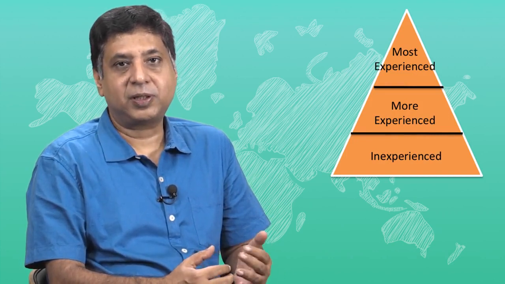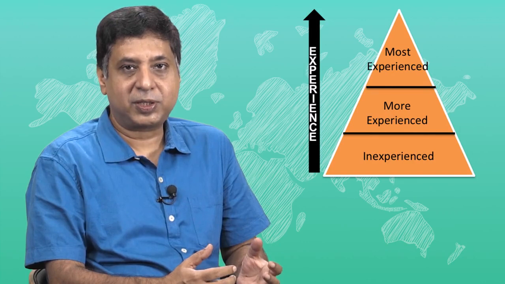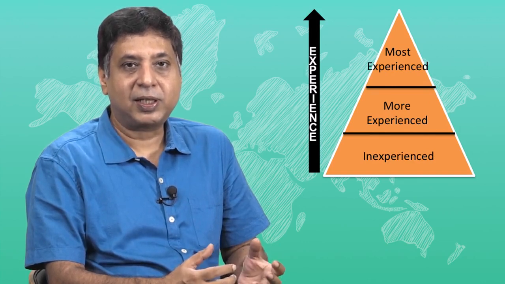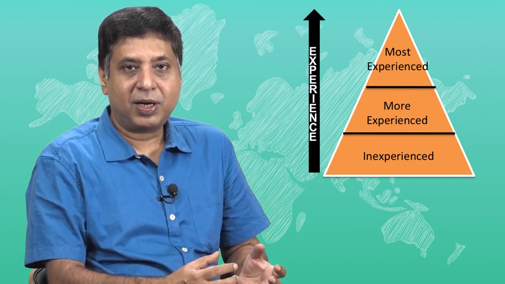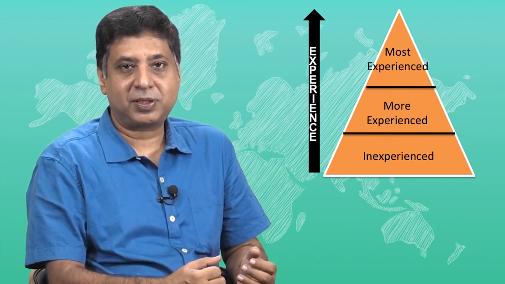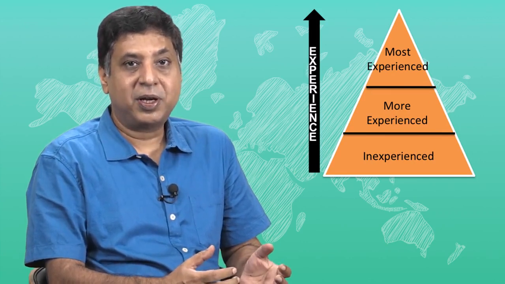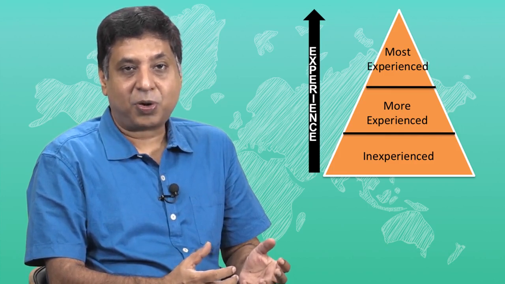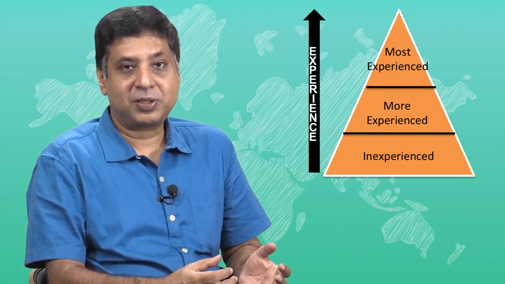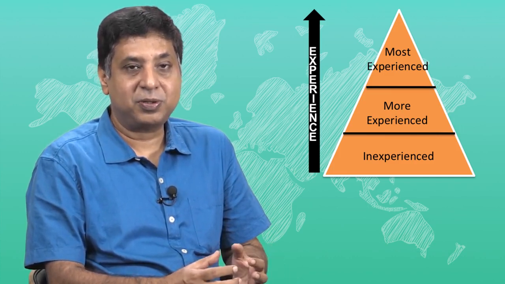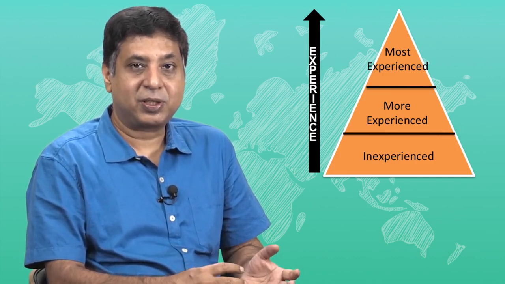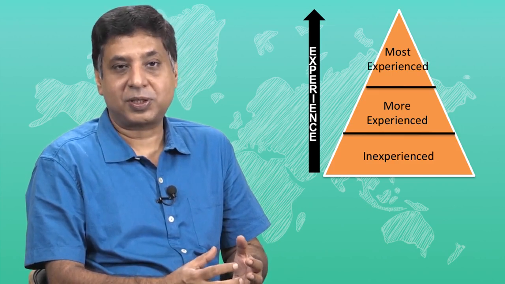Typically, people further up the hierarchy are more experienced and they handle a group of workers below them who are relatively less experienced. So again, if the cost of inexperienced workers goes up, you cannot simply say I am just going to substitute inexperienced workers with more experienced workers, and the other way around.